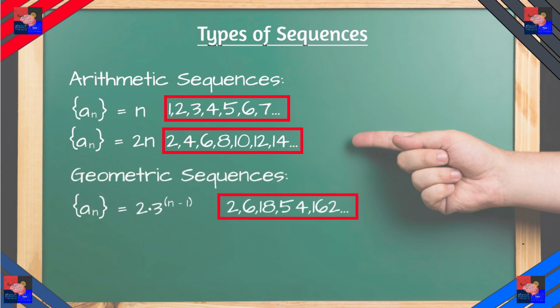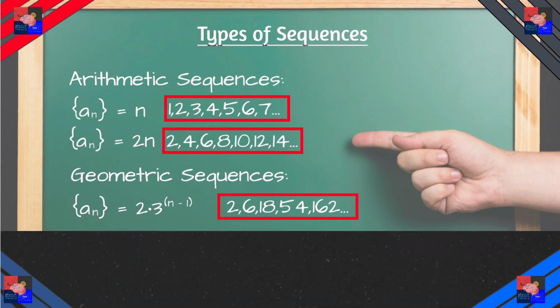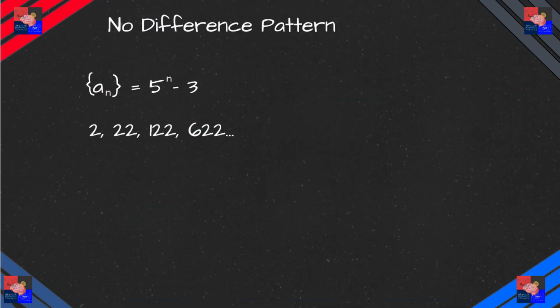There are also geometric sequences, sequences that don't go around the arithmetic area. Instead, they square or involve exponents, like this one. And there are also sequences with no difference pattern, essentially. It can go anywhere it wants.